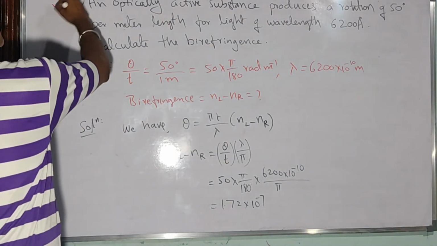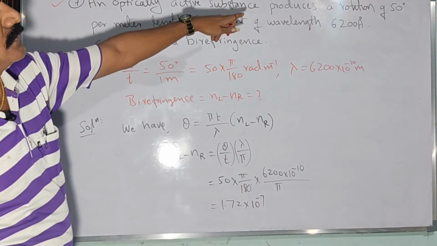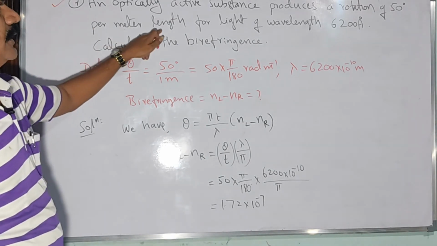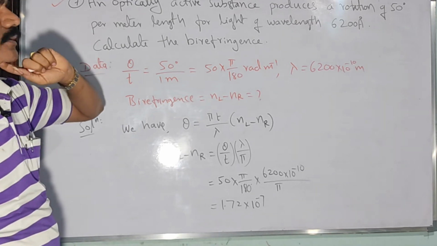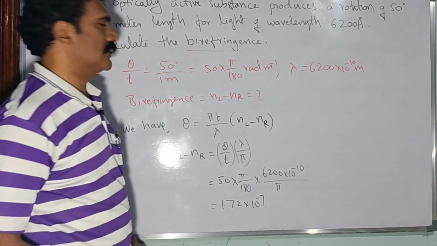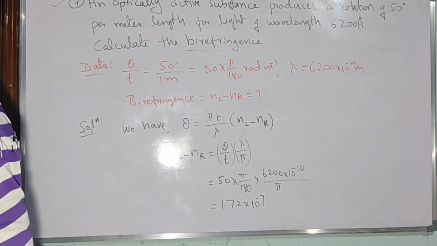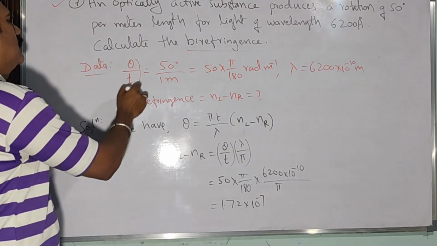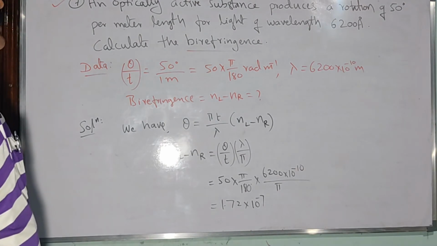Now the next problem: an optically active substance produces a rotation of 50 degree per meter length for light of wavelength 6200 angstrom units. Calculate the birefringence. What is the given data to calculate birefringence here? It is given that theta by t is directly available.